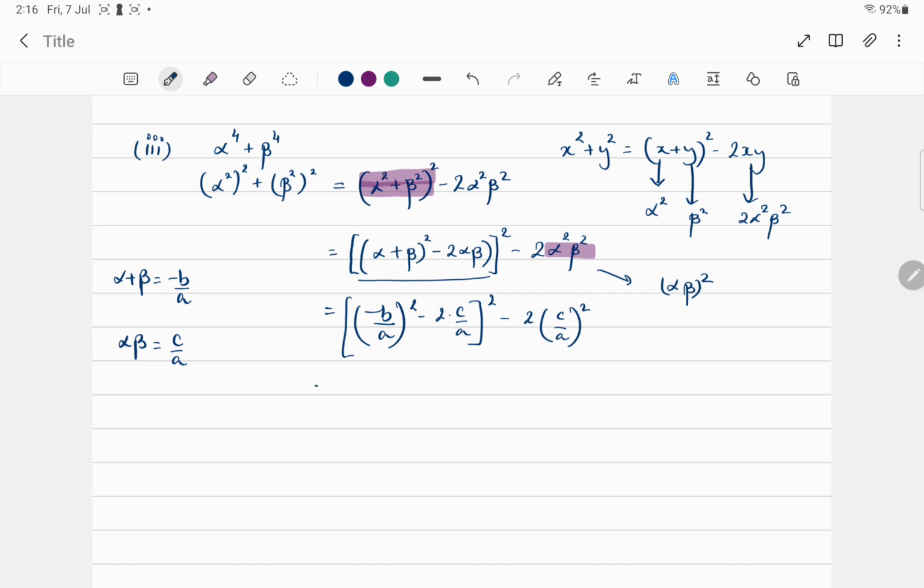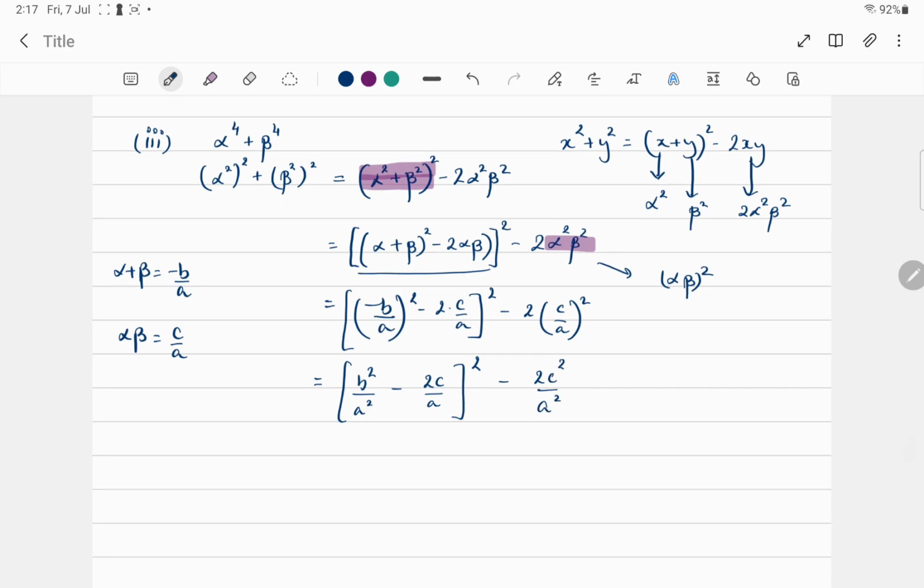All right, let's simplify further. So we have simplified that, but I'll just do it again. b squared over a squared minus 2c over a, whole squared, minus 2c squared over a squared.